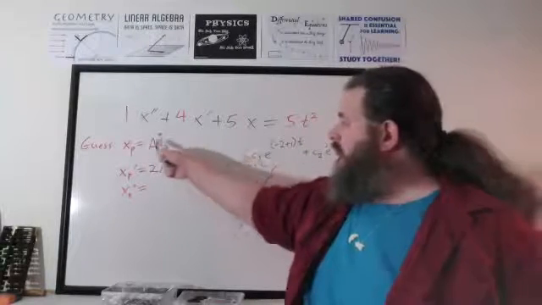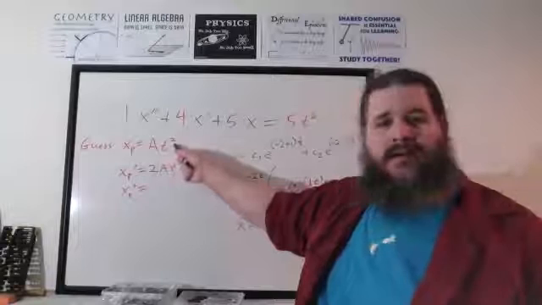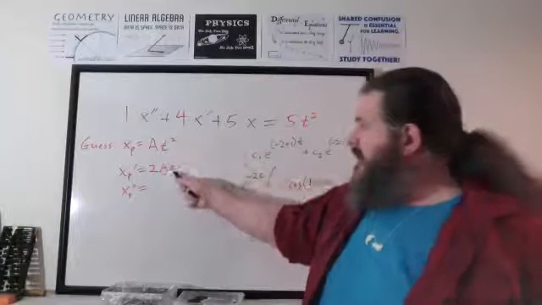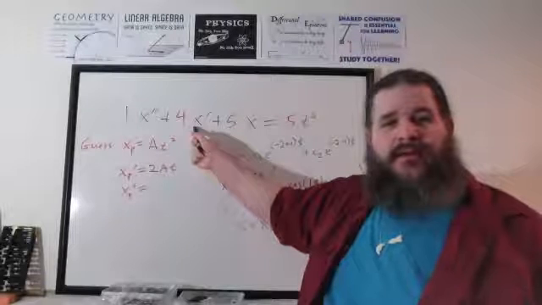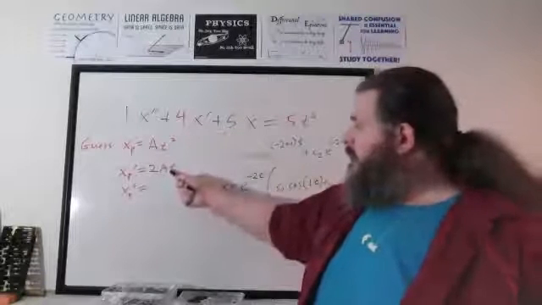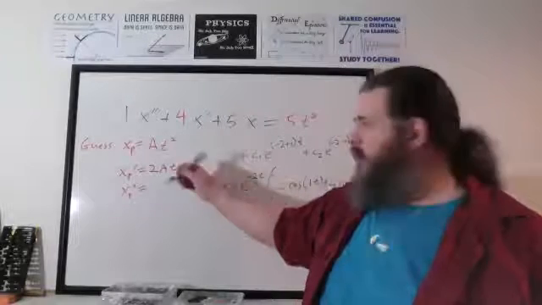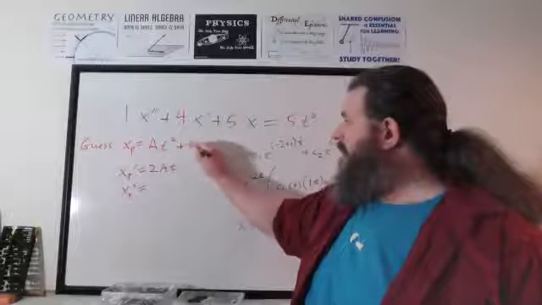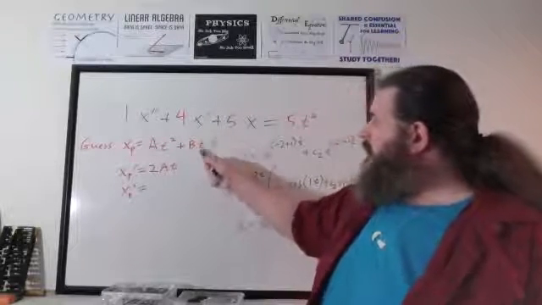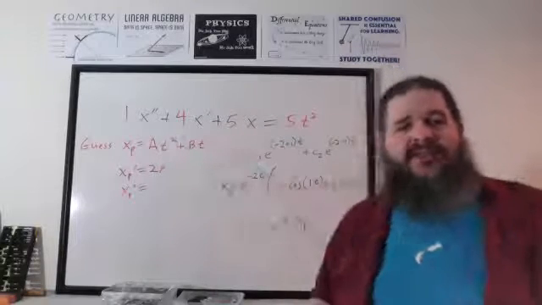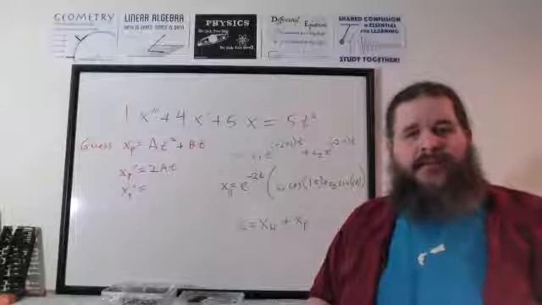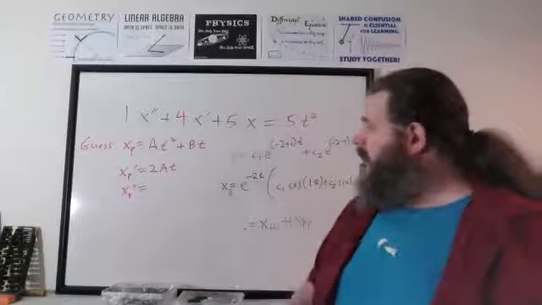If our guess is a quadratic, just t squared, but our derivative has a t in it, we'd have a t squared term and a t term that doesn't cancel out. So we're going to need to include a t term in our guess also. So let's say plus bt. That way the t term in the function and the t term in the derivative have at least a chance of canceling out and leaving exactly 5t squared.